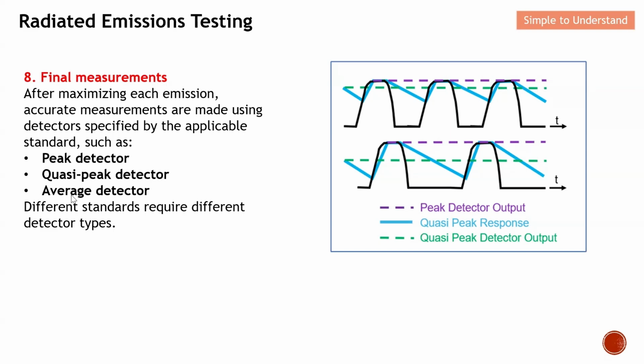But the key point is every standard requires a different set of detectors. So we need to use the required detector in order to perform the final measurement. Basically, this is what I mentioned here. Different standards require different detector types. So this is step number 8, final measurement for radiated emission testing.